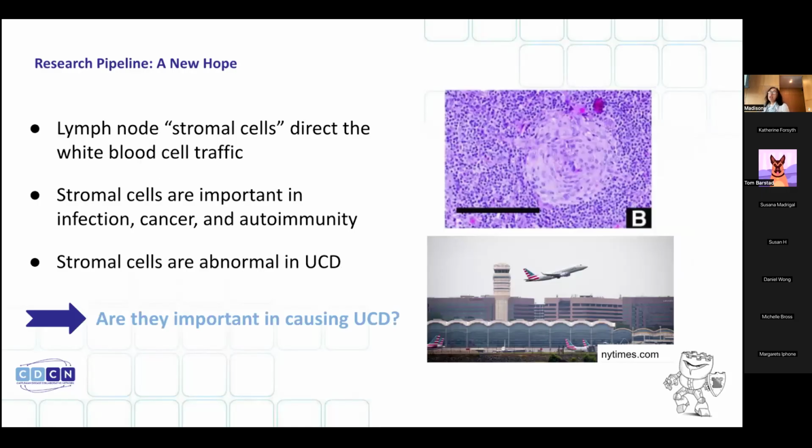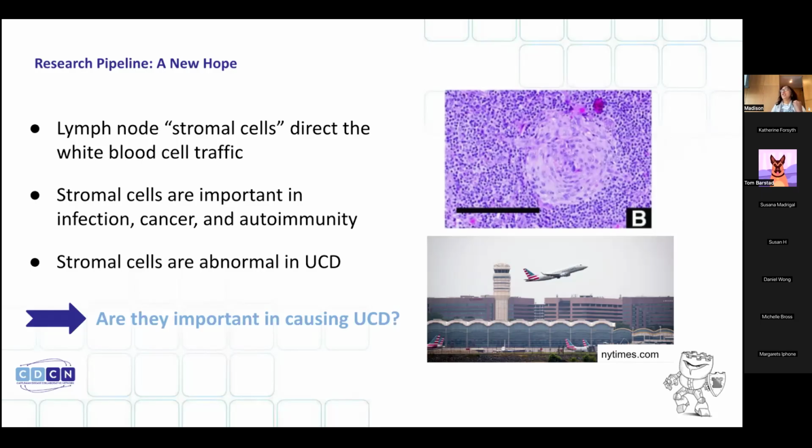So Dr. Brandstatter has been collecting these lymph nodes. Whenever you guys call and say, hey, I have a new diagnosis of unicentric Castleman's, what should I do? He'll be on the phone with you instantly saying, I need your lymph node. So he'll talk to your surgeons about getting that sample in order to do better scientific evaluation of these cells that are all around. The stromal cells of unicentric Castleman's disease are different.